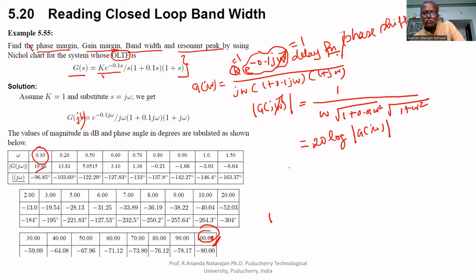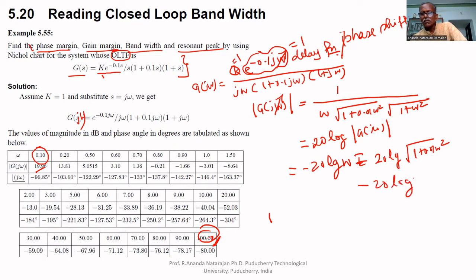That is equal to minus 20 log omega, minus 20 log square root of 1 plus 0.01 omega squared, minus 20 log square root of 1 plus omega squared. If you vary omega, you will get a table of values in dB.